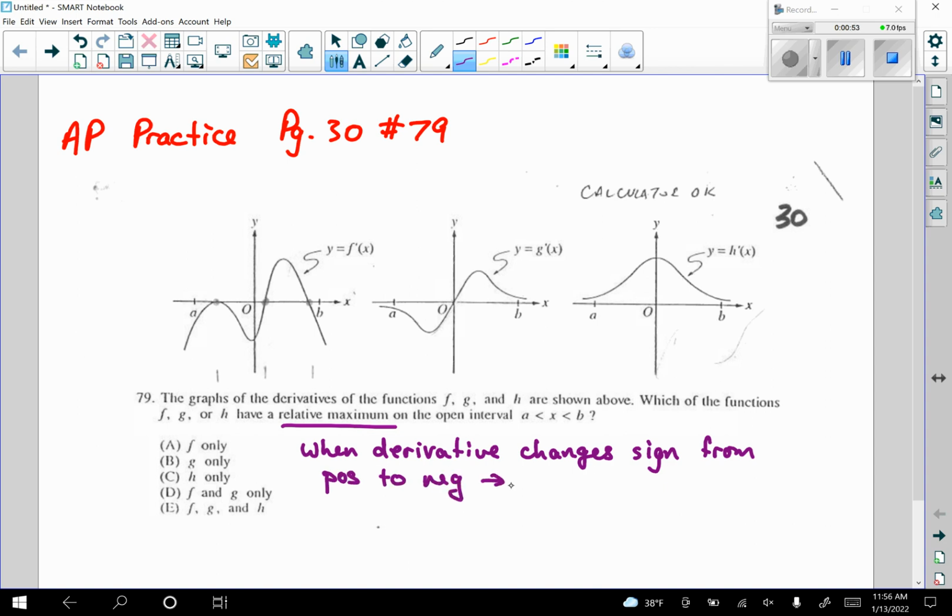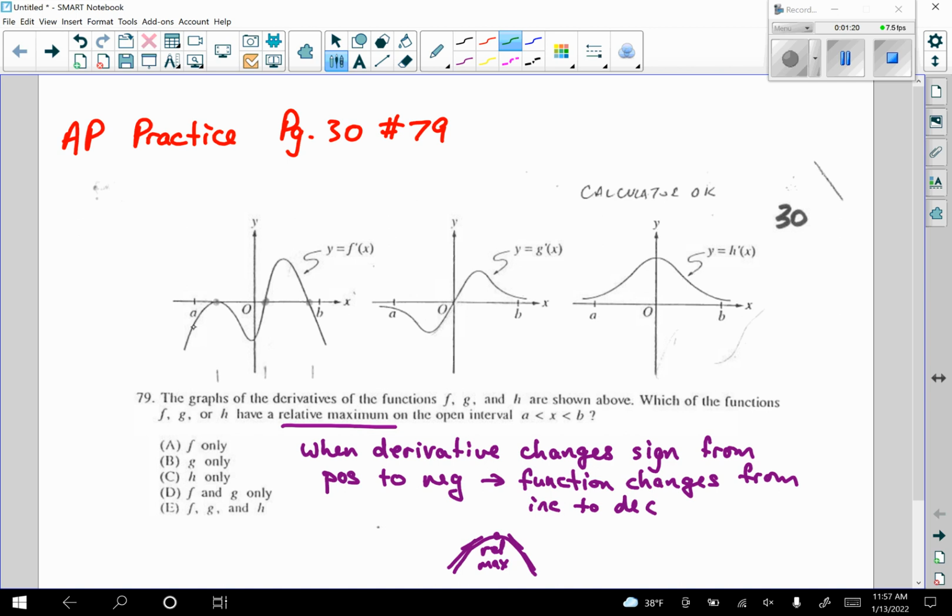Because when this happens, this means the function changes from increasing to decreasing. That's the only way we'll get a max. If our function increases and then decreases, then we get a relative max. So this is where the slopes of the tangent lines are positive, and then it becomes negative. So let's see where this happens.